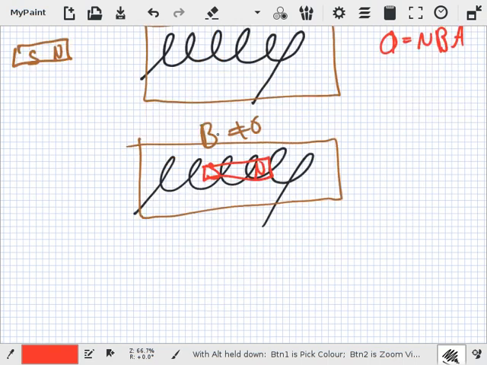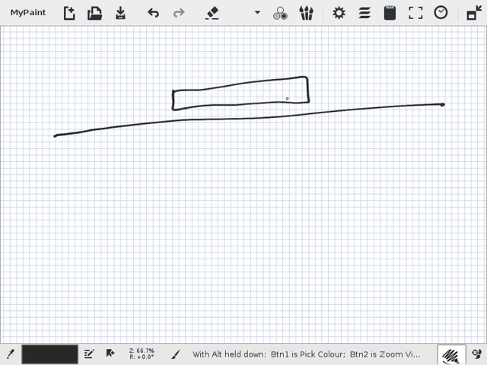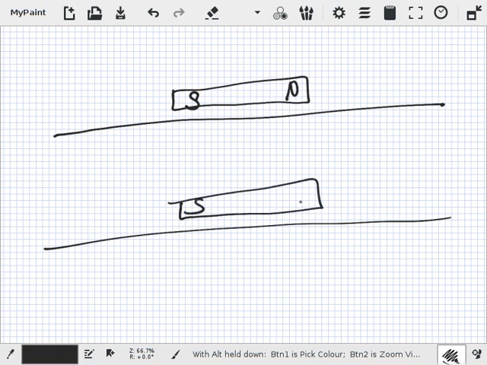Another example, let's take something easy. Maybe we have a copper wire, and here we have a magnet, north south, and then I flip the magnet around, south north. As I'm turning the magnet, a current will flow.